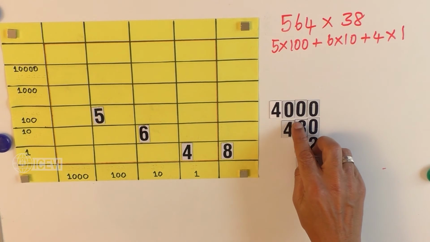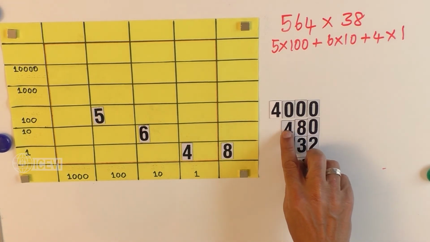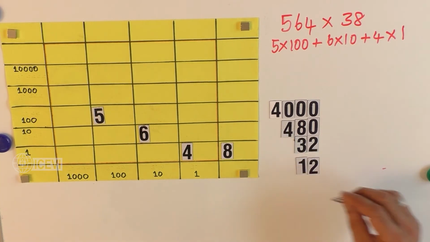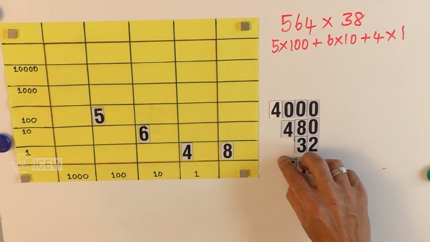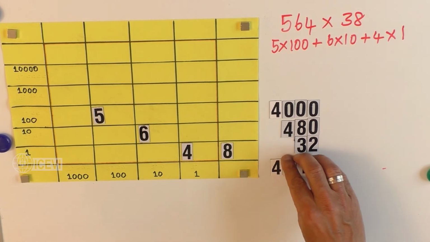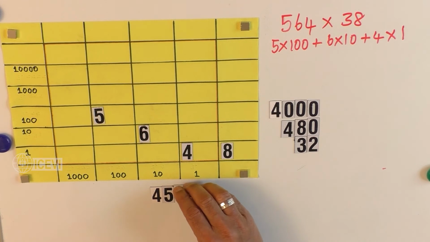So 1 is taken to the next column to the left. So 1 plus 4, that is 5. And then in the thousandth column, that is 4. So the value is 4,512.